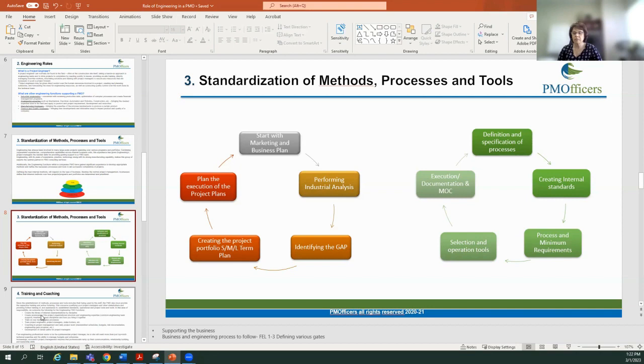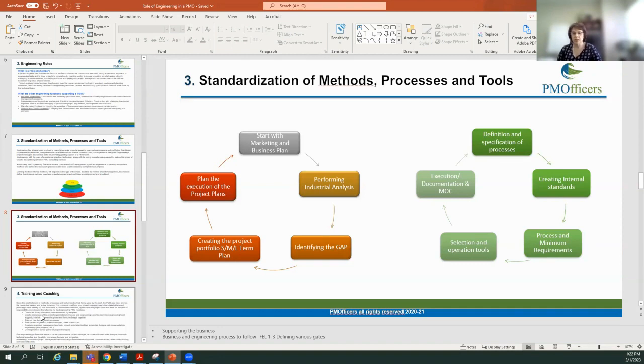They're trying to identify the gaps based on current conditions versus new conditions, and what the requirements would be. Then they can create together a project portfolio, which they can work with small, medium, and large-term plans. Then they're making a plan for the execution of the project plans.